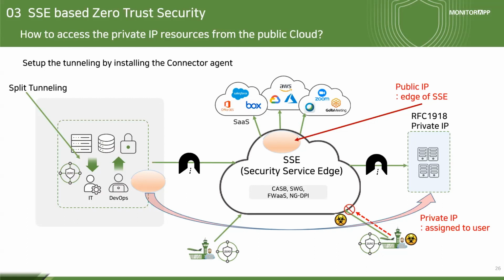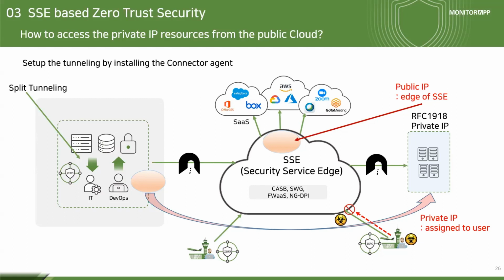So in this case, it's possible to access the specific internal application through split tunneling. If you have your own environment with some specific IP range, then you can set up the split tunnel.